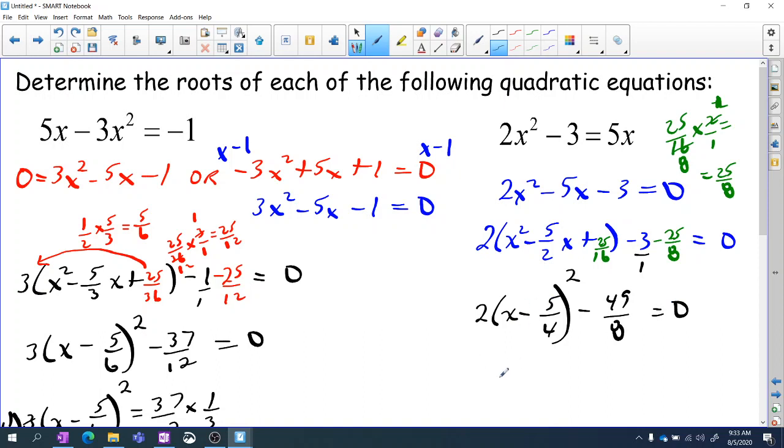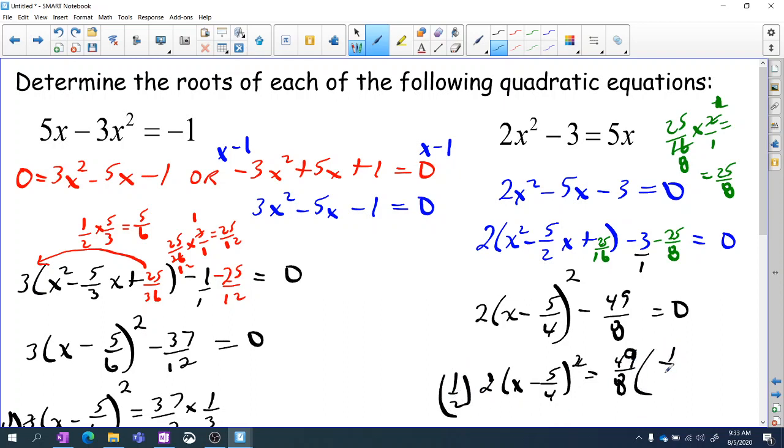I want to isolate now. I want to get the x minus 5/4 squared by itself. 2 times x take away 5 over 4 all squared. Bring your 49 over 8 to the other side. There we go. I want to get rid of the 2, so I'm going to multiply by 1/2.